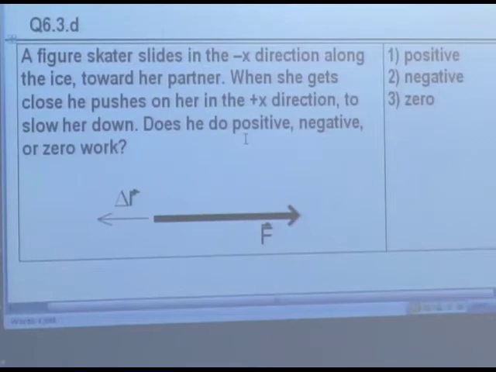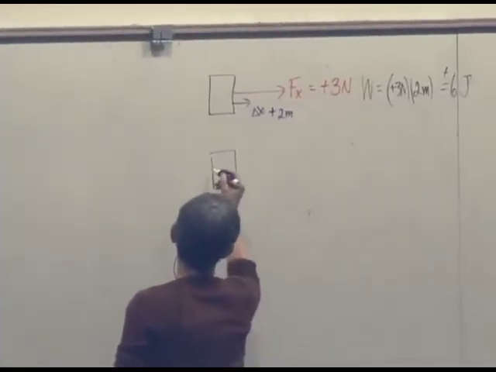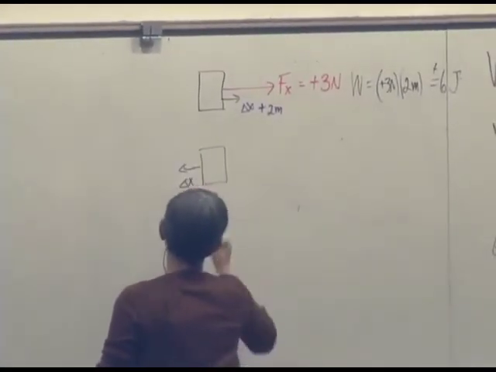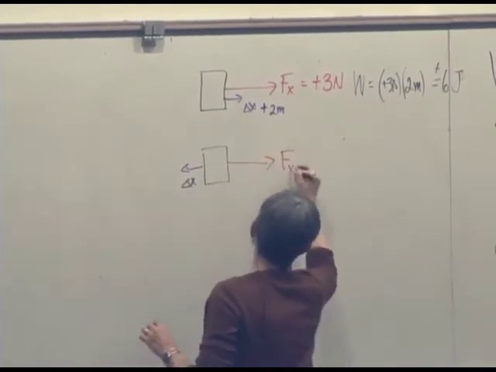When she gets close, he pushes on her in the plus x direction, slowing her down. So what's the sign of the work he does on her? She's traveling that way. He's exerting a force that way.